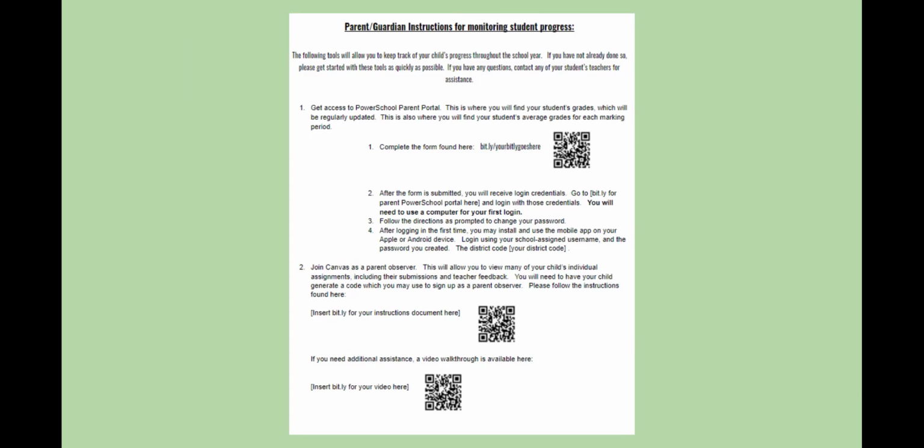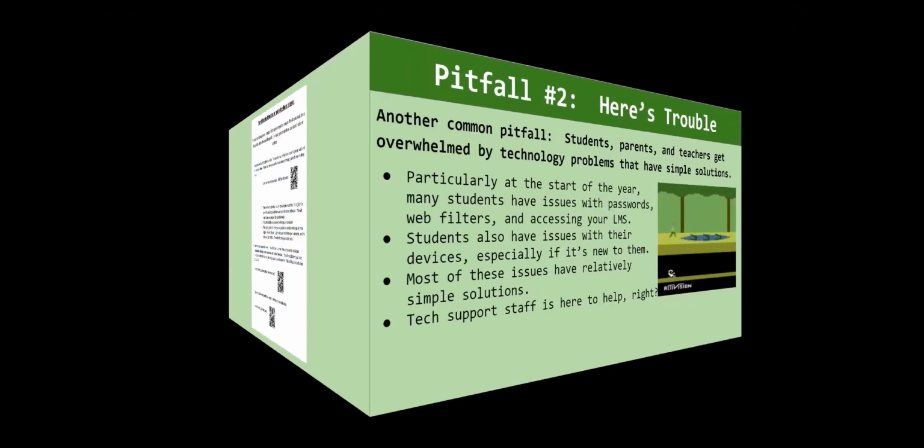So again, this just has directions for accessing PowerSchool Parent Portal and also directions for joining Canvas as a parent observer. The bit.lys and the QR codes that are right there are blank, so you can make those your own. But this should really help us significantly next semester. I wish we'd put those out this year.